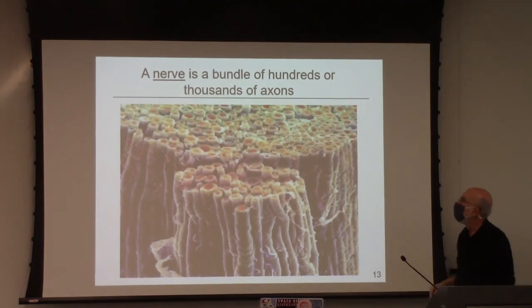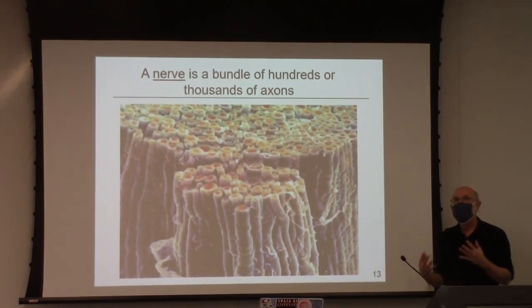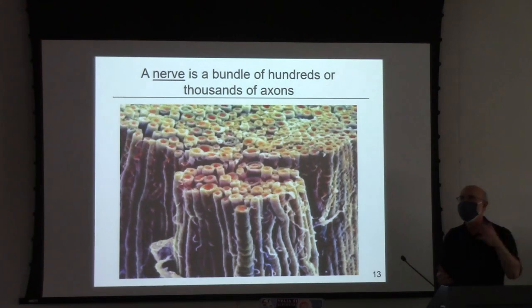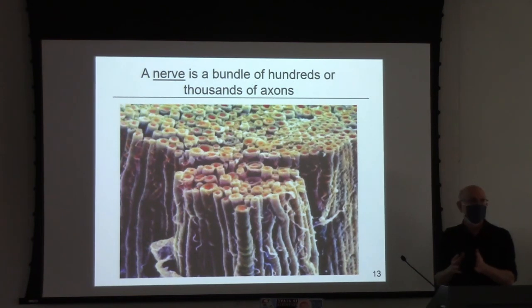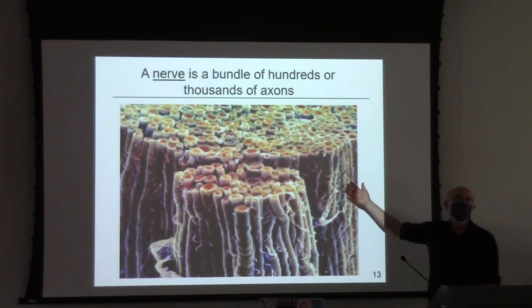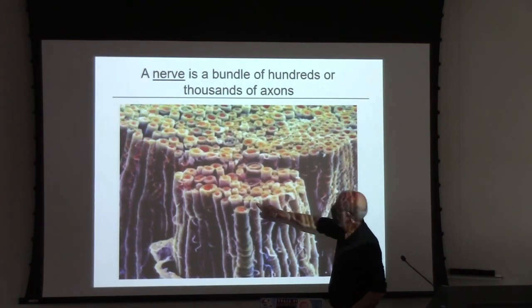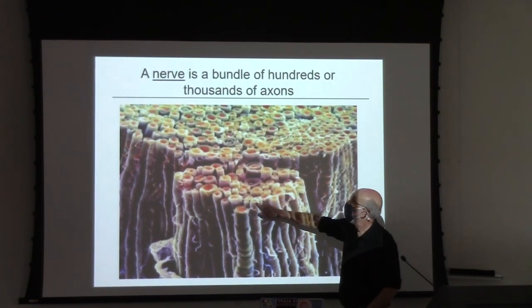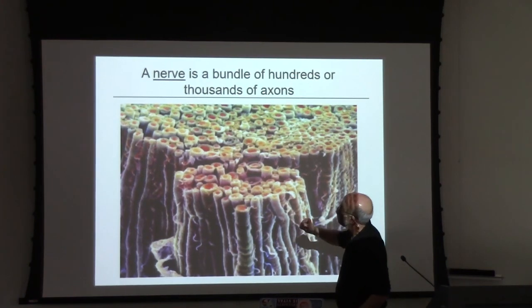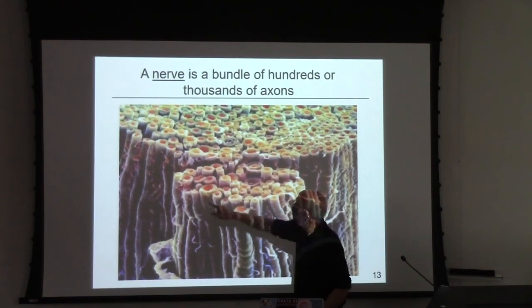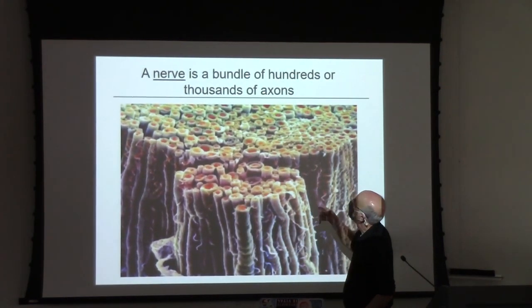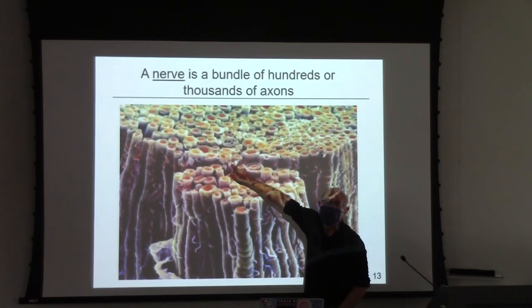I want to remind you that a nerve that we see on the body, a big nerve or even a small nerve, is not one axon. It's a bundle of hundreds or thousands of axons, some of which are big and some of which are small, some of which have thick myelin and some of which have relatively thin myelin.